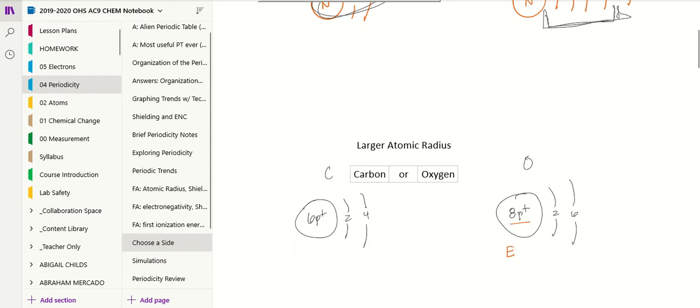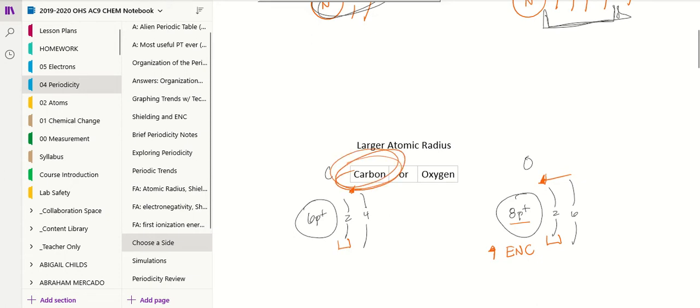It has a much higher ENC than carbon. It has the same amount of shielding. They're in the same period, so they have the same amount of shielding, so shielding isn't a variable here. So if we look at the ENC alone, carbon will have this much pull on its valence shell. Oxygen will have this much pull. So because oxygen has more pull, it has a smaller radius than carbon.